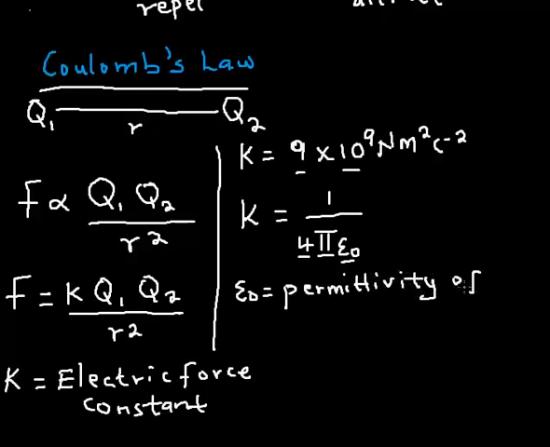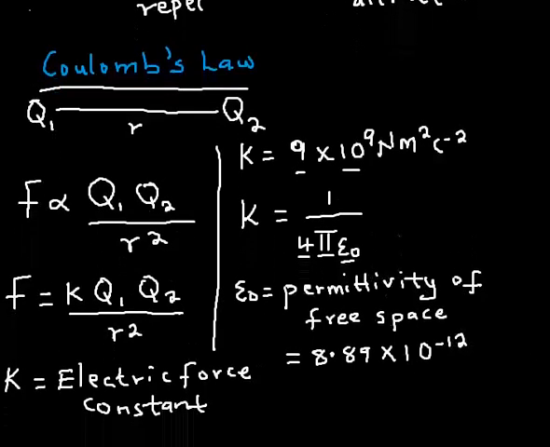And it has a constant value of 8.89 times 10 raised to the power of minus 12. All right, of course, we'll get the SI unit, or I will derive the SI unit later.